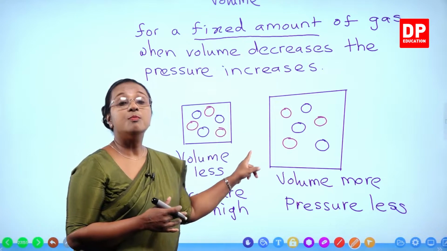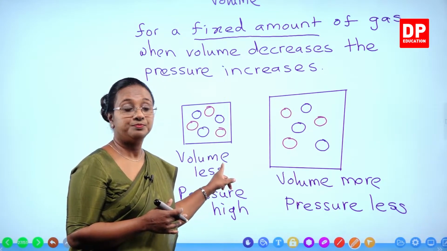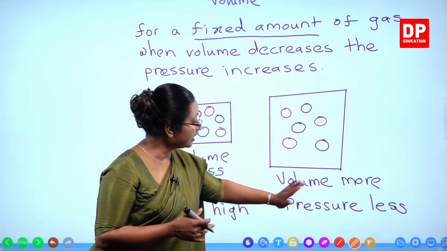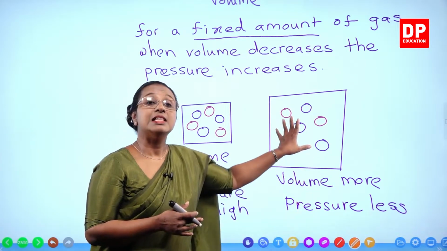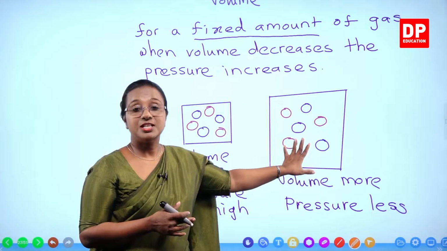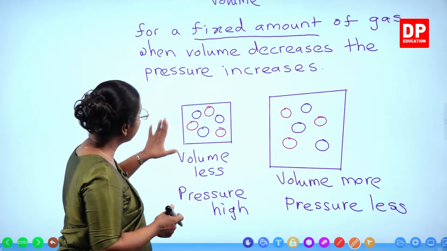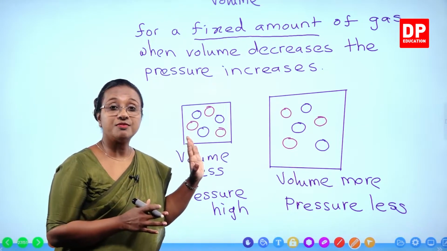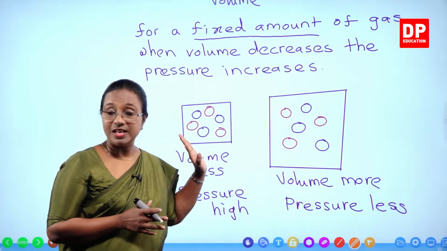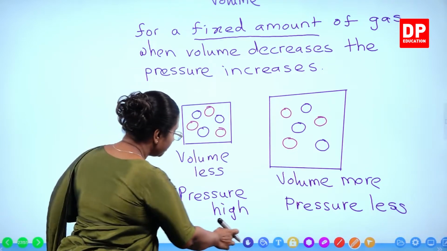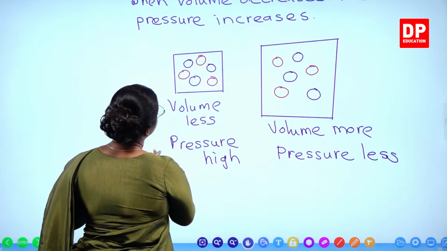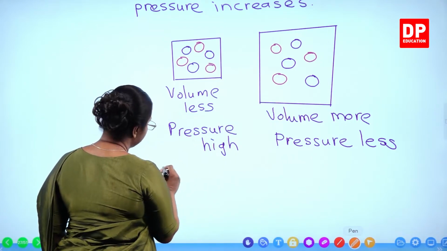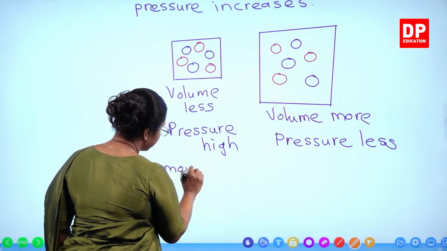There will be more collisions here and fewer collisions there. So volume is more, pressure is less. There is a smaller number of collisions in a unit time, but here there will be more collisions in a unit time. Because of that, the rate of reaction will be greater. So in this, you can see, students, volume is less, pressure is high, there are more collisions.